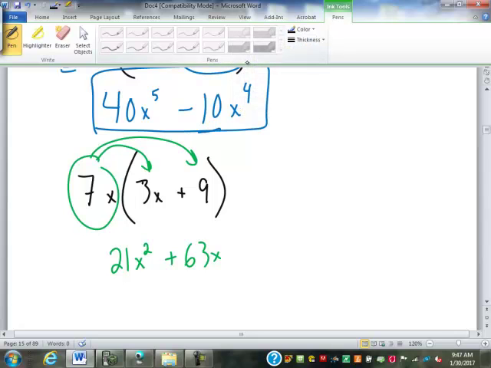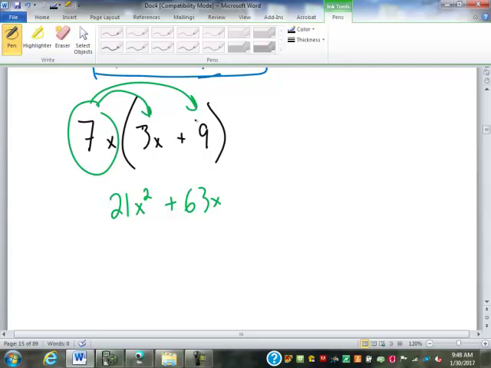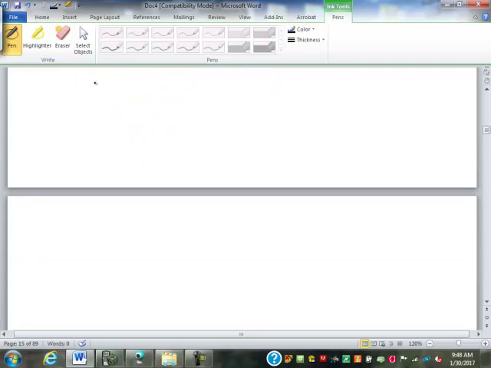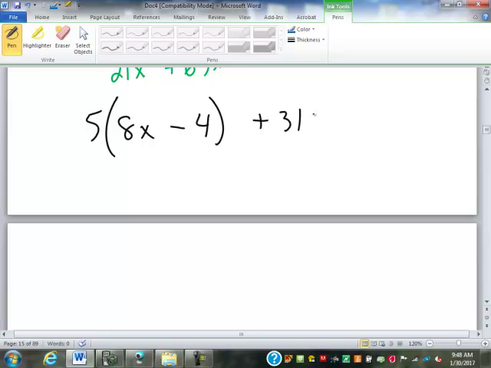Now they can get a little more complex than that. We might have 5 times 8x minus 4 plus 31. We have to do order of operations here. Now, in the parentheses, is there anything we can add there? No, there's not. I mean, all the ones we've been doing, technically, we should have been checking to see if we can combine within the parentheses, but we can't. So if we can't do anything inside the parentheses, the next step is to see if there's anything we can do to the parentheses, which is what we've been doing.